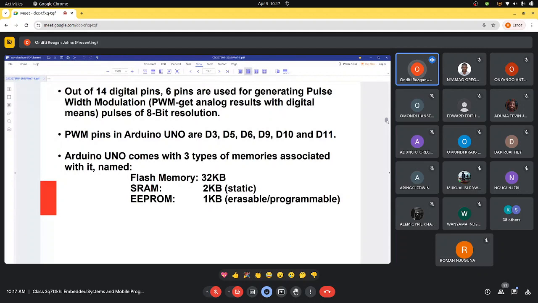So in many cases, I would want you to understand deeply the architecture of the microprocessor. If you understand it deeply, then what will come out very well is the function of the SRAM, what we call the static RAM, and what the EEPROM is, the erasable, programmable memories that we have.